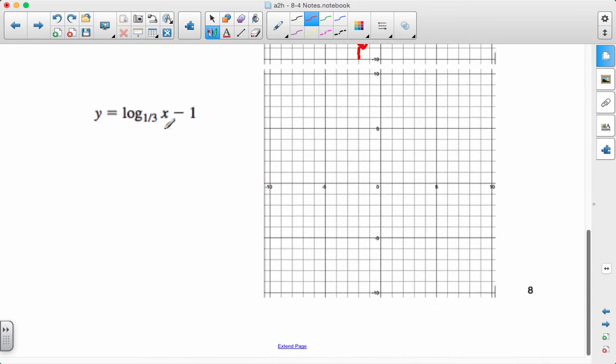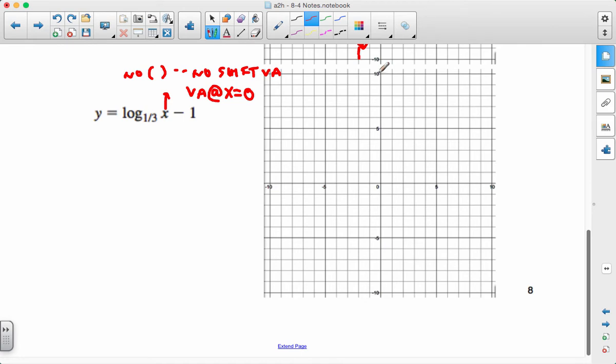If you don't see parentheses, then there is no horizontal shift. Now, don't fall for this. This is not shifting to the right 1 because there are no parentheses, right? So, right here, no parentheses, therefore no shift of the vertical asymptote. So you still have a vertical asymptote at x equals 0.